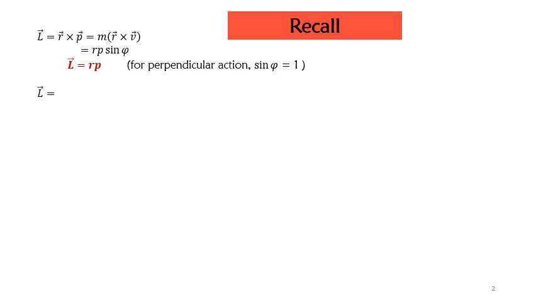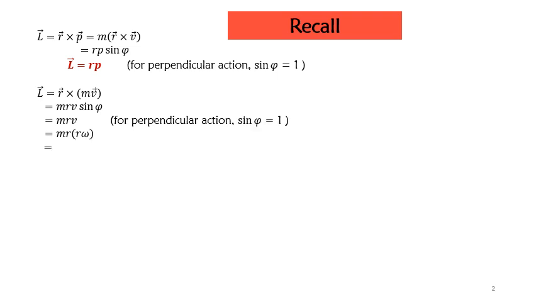Then we look at another expression. The angular momentum can also be obtained in terms of the mass and the velocity. So it's the same thing. Here you have p, and you can put your mass and velocity there.